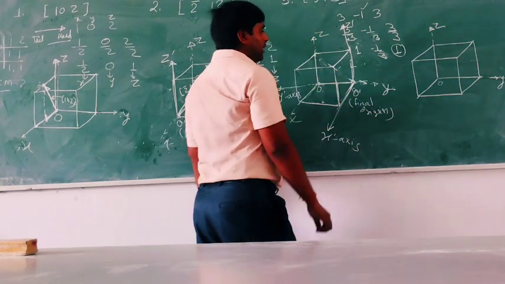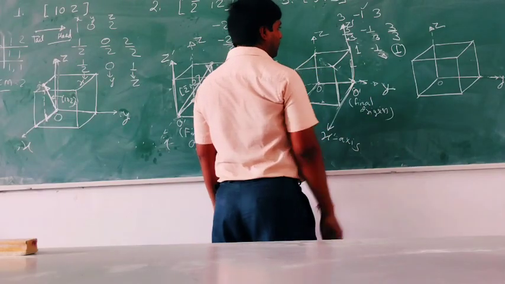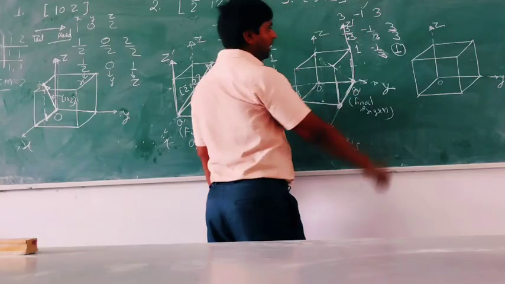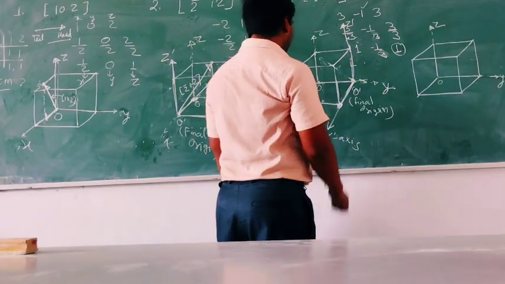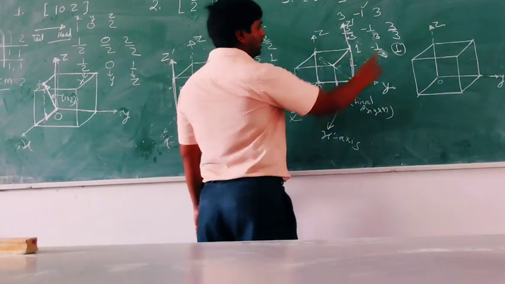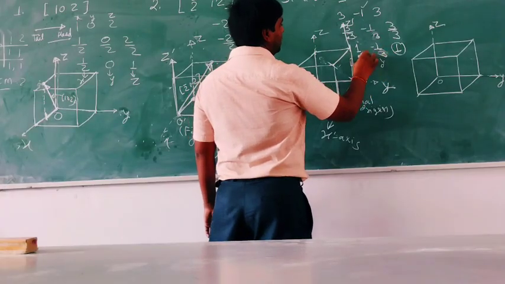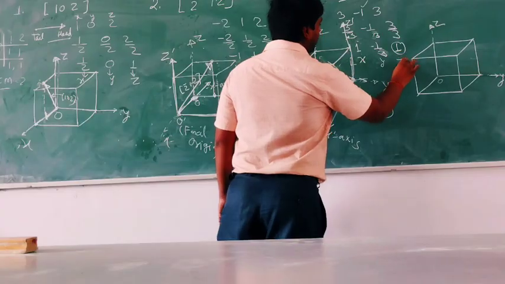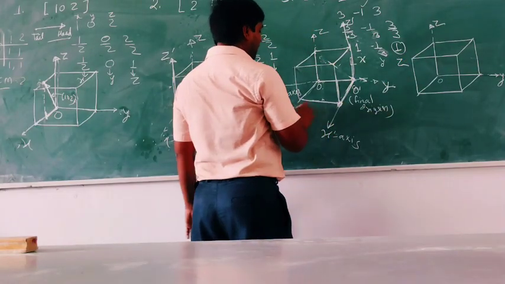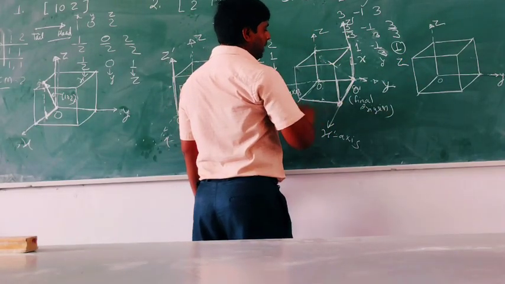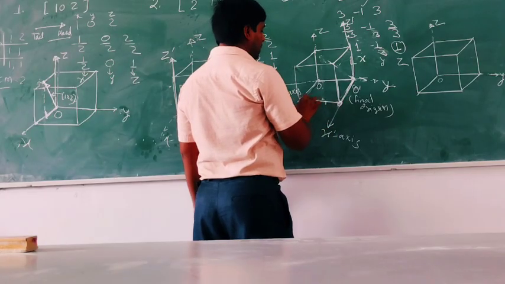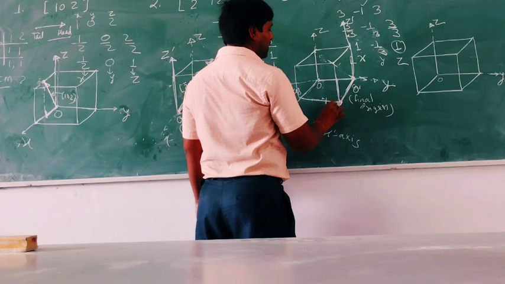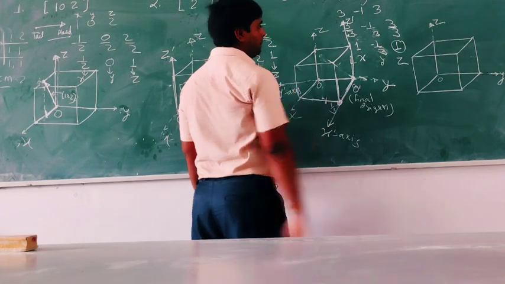In the x-axis we move 1 unit. The y coordinate here is 1 by 3, so we divide the y-axis into 3 equal parts: 1 part, 2 parts, 3 parts. This part is considered 1 by 3.